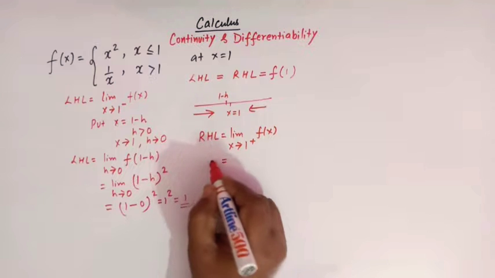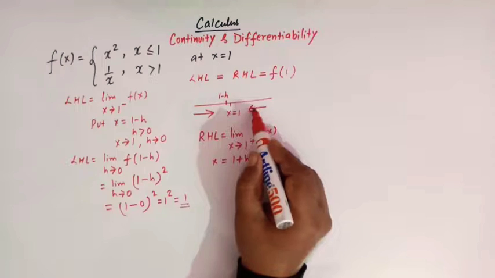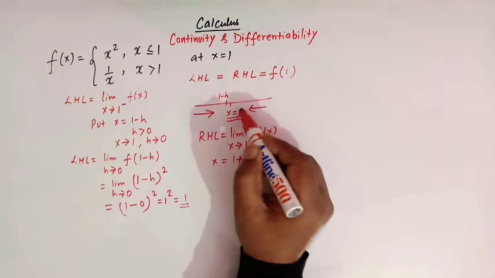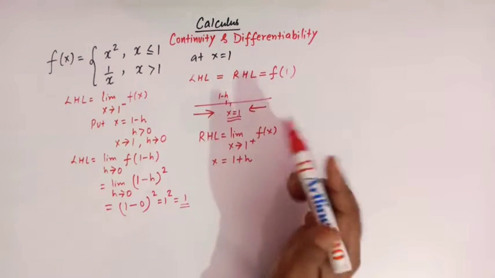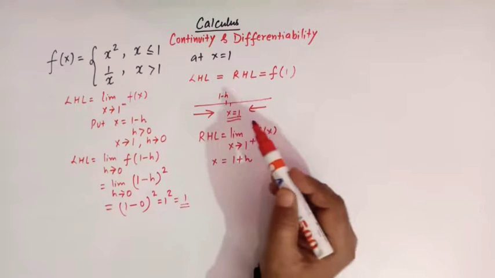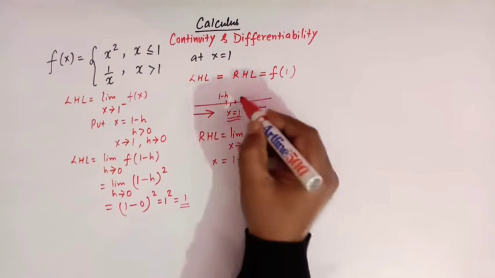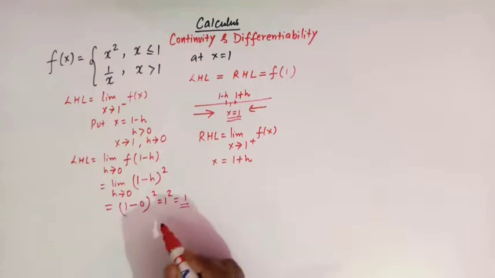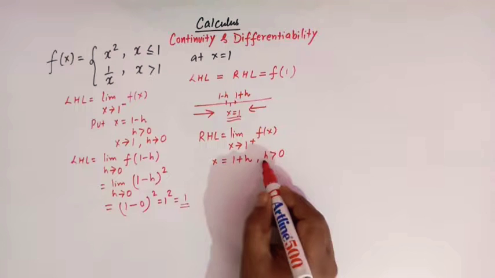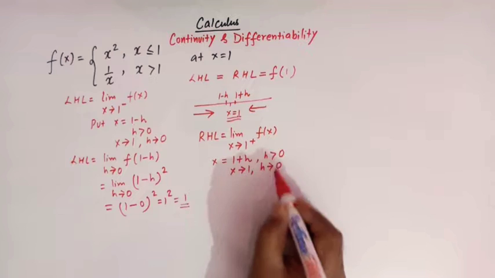Now we'll put x is equal to 1 plus h, because we are approaching x is equal to 1 from the right, and all the values which lie to the right of x is equal to 1 are greater than 1. So our point 1 plus h lies somewhere here, and again h is greater than 0, a very small quantity, and when x tends to 1, h tends to 0.